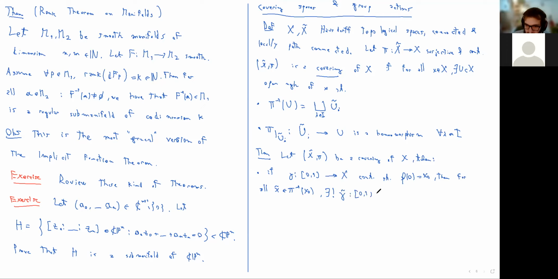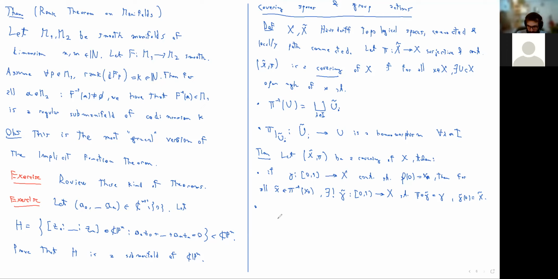That is another path such that it's a lifting in the sense that if you project it down, you get back your original path, and such that it starts at this x tilde. So you start with a path and you can pull it up, but you have to decide a starting point. There's only one way to pull it up once you decide the starting point.